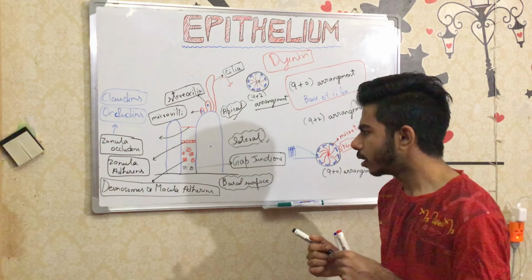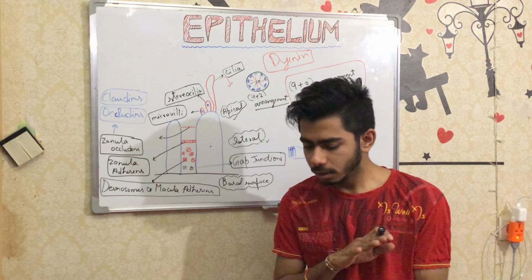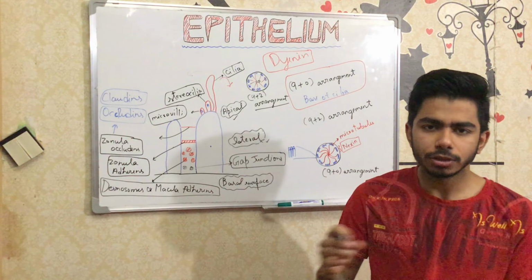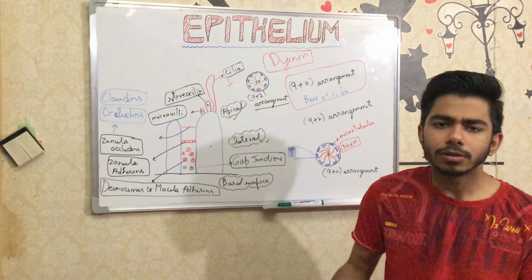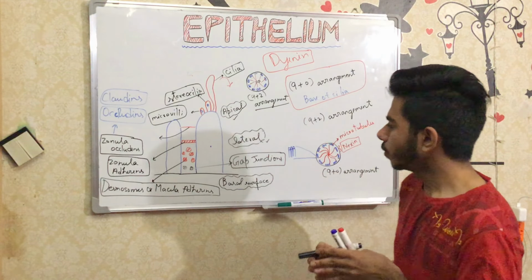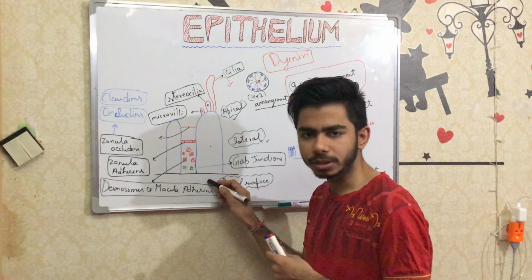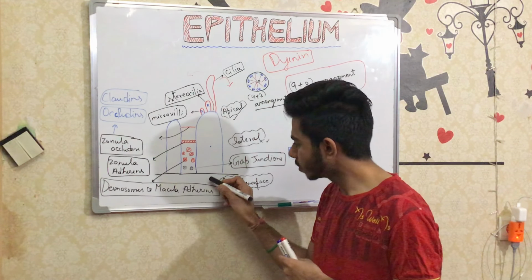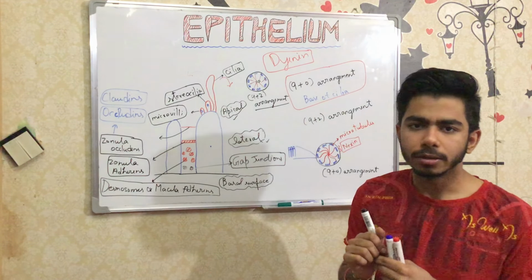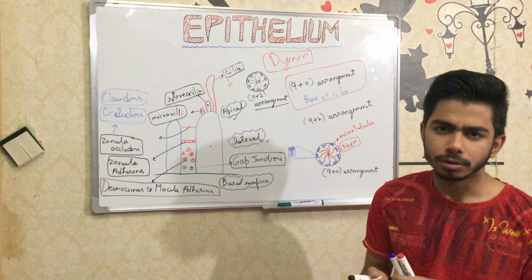But if we look at the top surface of these stratified epithelia, we get to know what kind of epithelium it is. But at last they rest on the basement membrane. So in the basal surface of the epithelium, the basement membrane is present. This basement membrane is helpful in providing nutrition to the epithelium, as they are avascular.